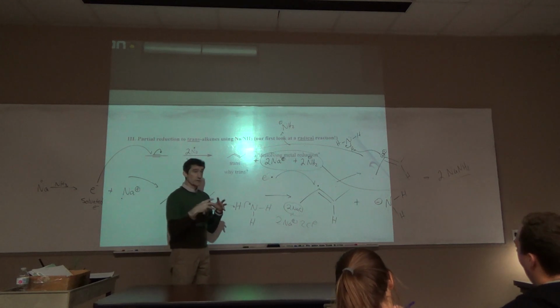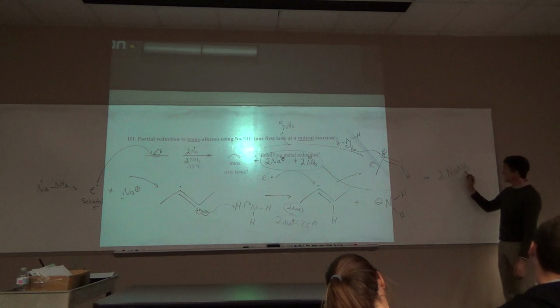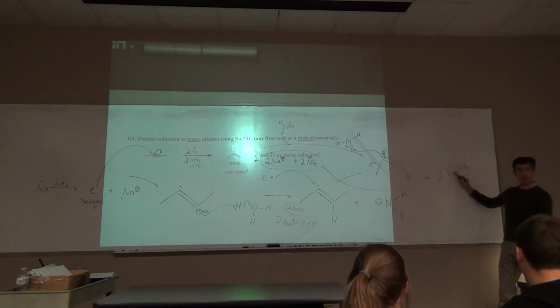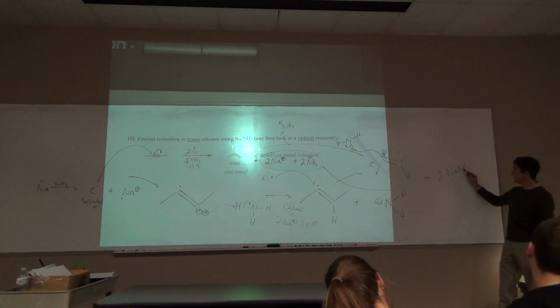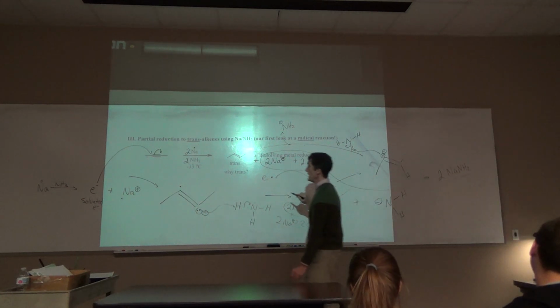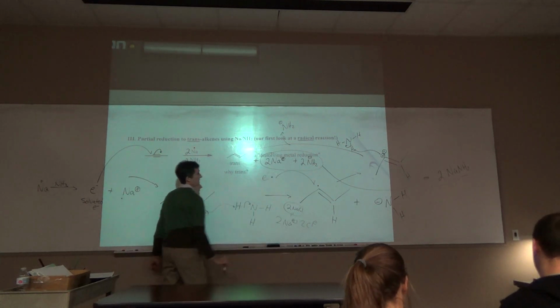I'm just showing the formula. Of course, if you see this, you know this is ionic. Sodium's always ionic. So this is positive sodiums and negative nitrogens. So it's completely balanced. 1, 2, 2 gives 1, 2, 2.